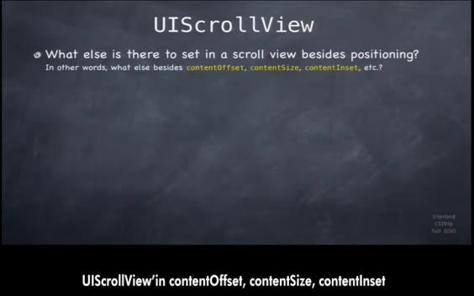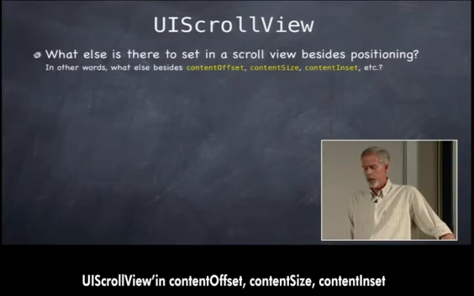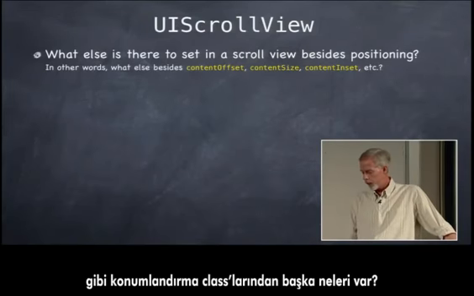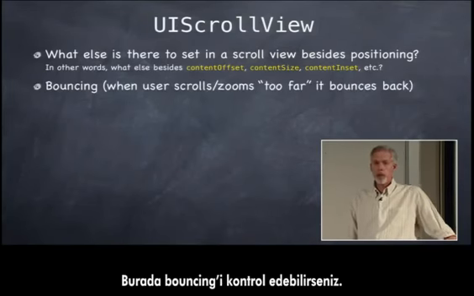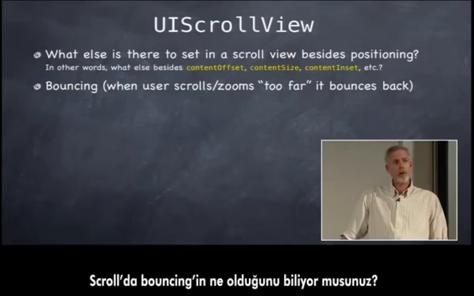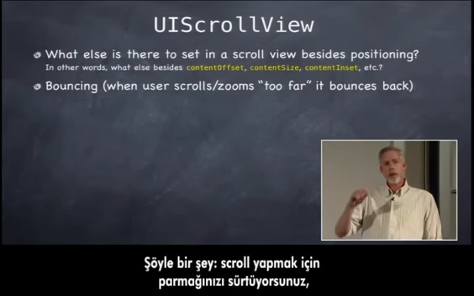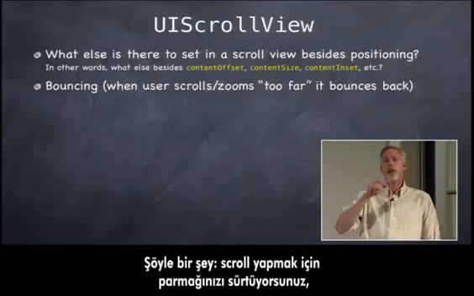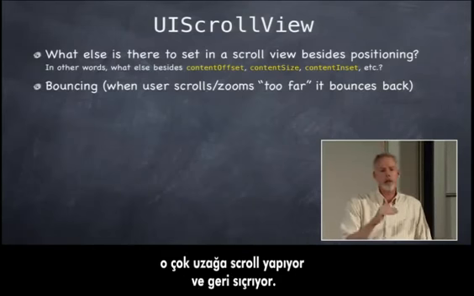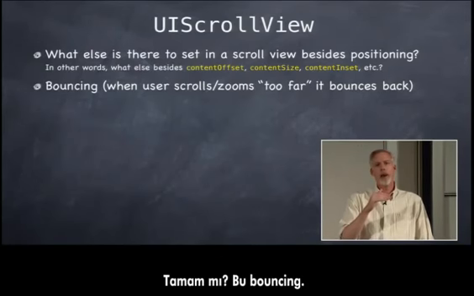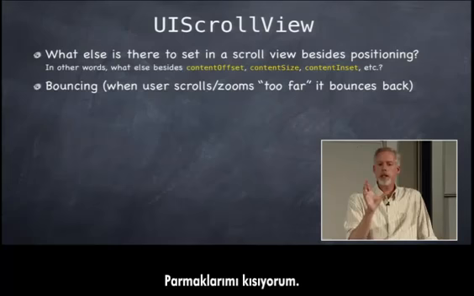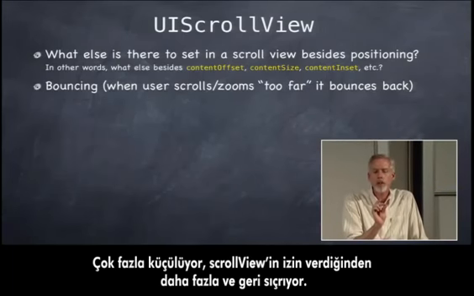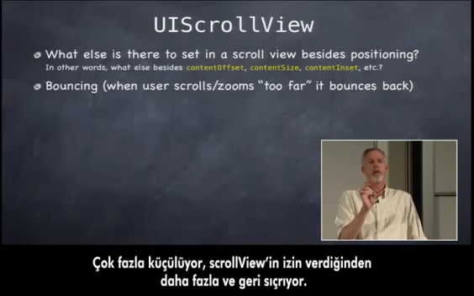So what else is there in this UIScrollView class besides positioning, like content offset, content size, content inset? You can control the bouncing. You all know what bouncing is in scrolling. That's like I flick with my finger to scroll, and it scrolls too far and bounces back, right? That's the bouncing. Same thing with zooming. I pinch in, it pinches smaller than the scroll view will allow, and then bounces back up.